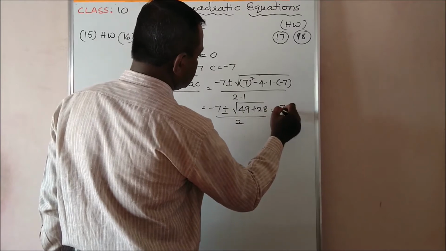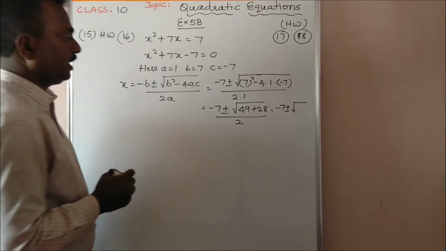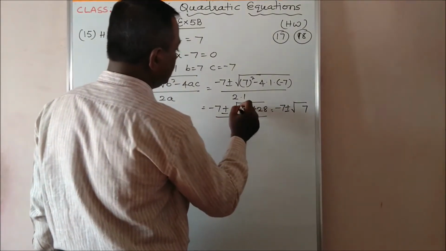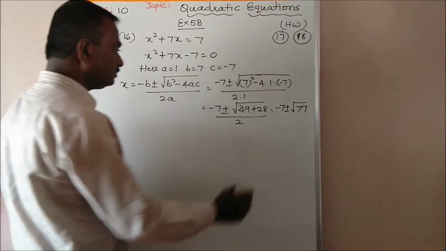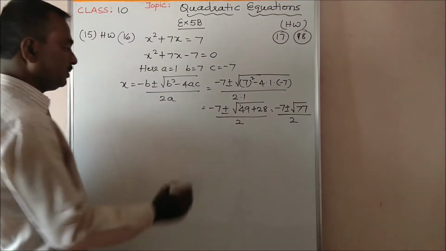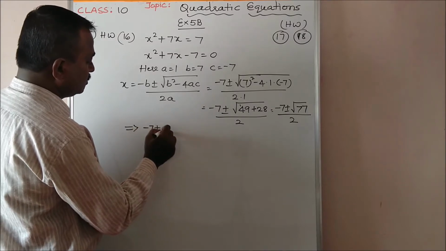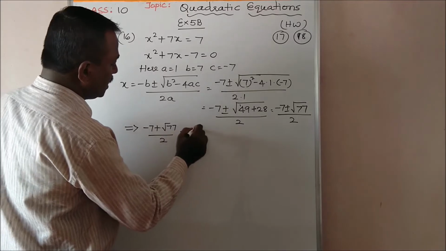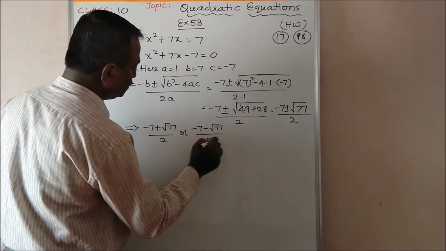That is minus 7 plus or minus root of 49 plus 28, that is 77, correct? By 2. This implies minus 7 plus root 77 by 2 or minus 7 minus root 77 by 2.